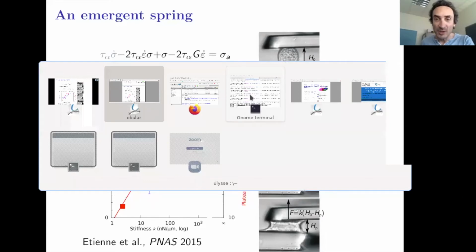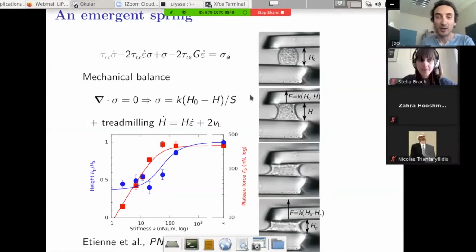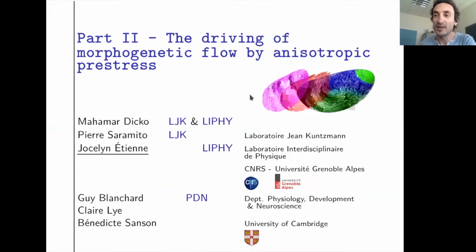So now I'll switch to the second part and go up in scale. Unless there are questions, maybe that's the right time for that. Okay, so I'll carry on with this much larger scale. And this time, this is a collaboration with two groups of people.